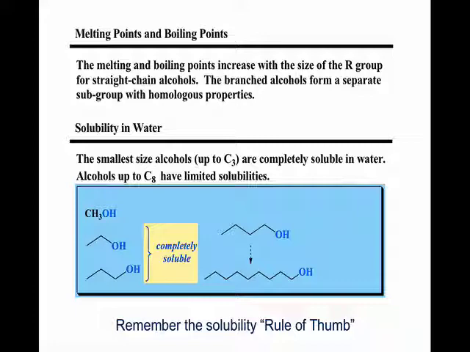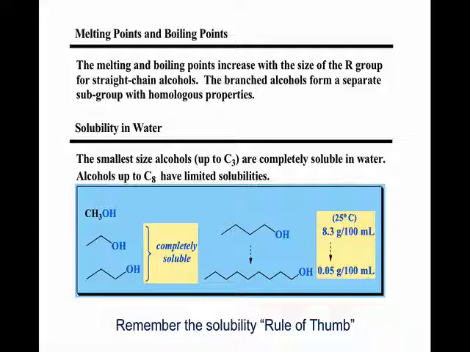You can take methanol and an equal volume of water, mix them together, and it just forms a homogeneous solution. However, when you get above 3, you start to get into some solubility issues. So here we've got 1-butanol. We can only get about 8.3 grams of butanol into 100 milliliters of solution with water.